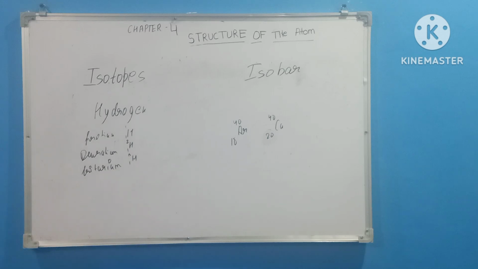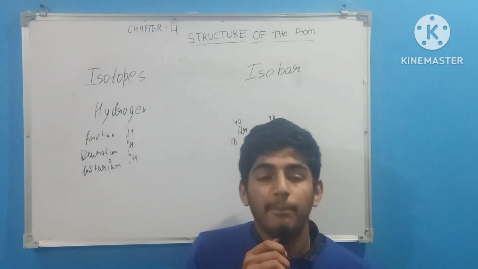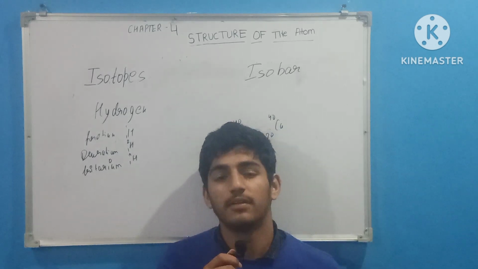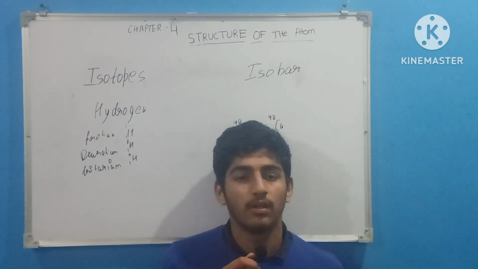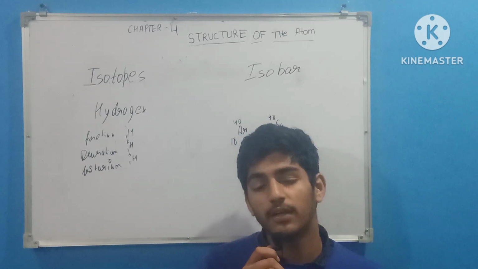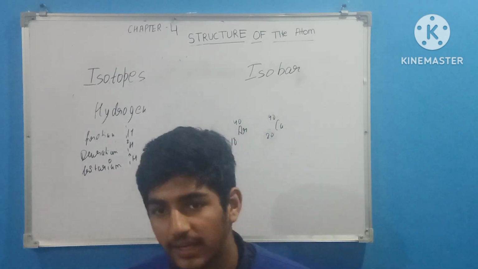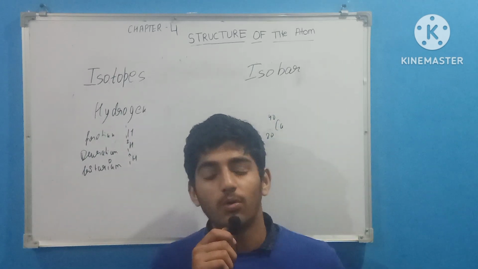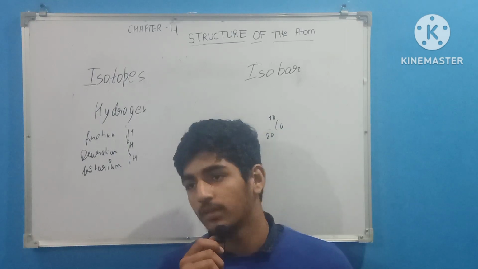And the applications of isotopes are: an isotope of uranium, uranium-238, is used to determine the age of old rocks and living organisms.